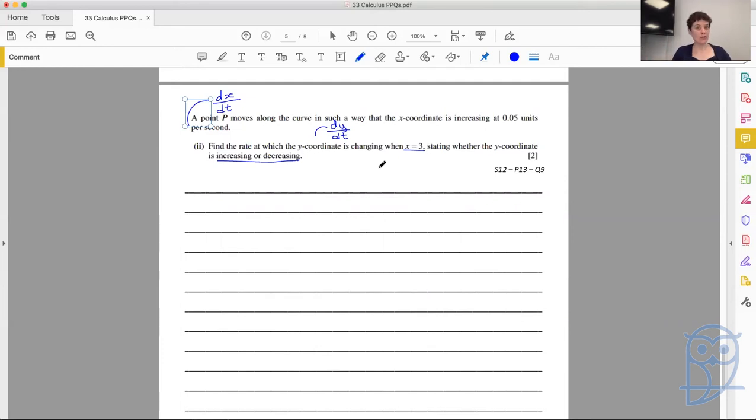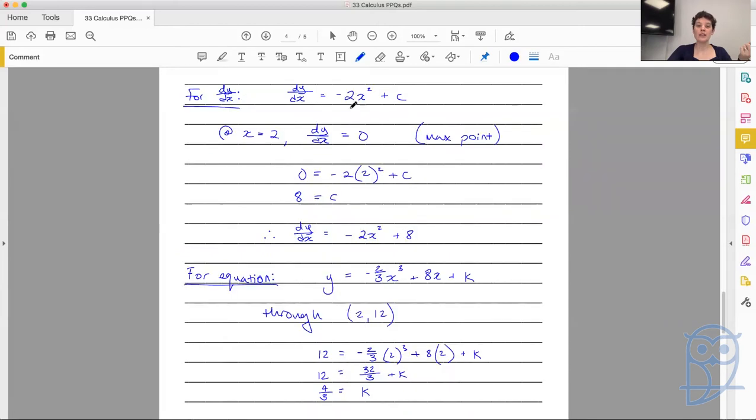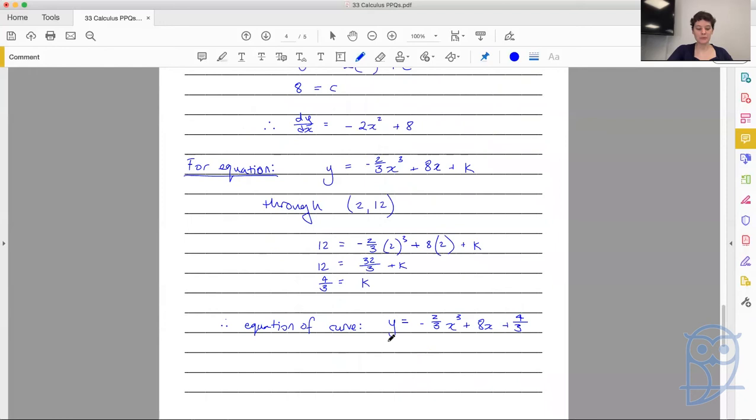We're going to take that answer from our calculation and we're going to say, this is the rate, it is either increasing or decreasing. So again, our variables are x, y, and t, and our rates are dx by dt, dy by dt, and dy by dx. Okay, dy by dx we got on the way through in this part of the question. So we do have it available to use.